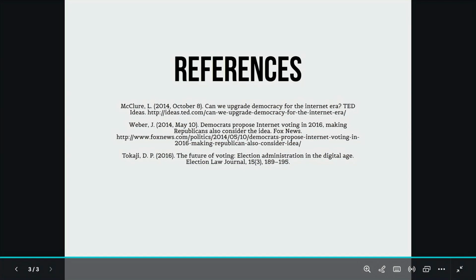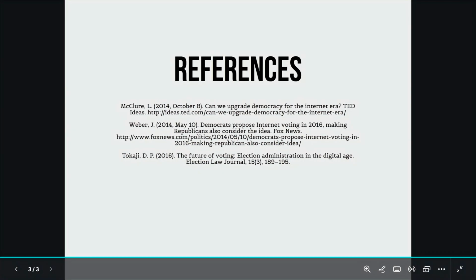Even though online voting could make elections more accessible, there are still serious concerns about cybersecurity and equal access to technology. In my opinion, technology has the potential to improve democracy, but governments must make sure that voting systems remain secure, fair, and trusted by the public.